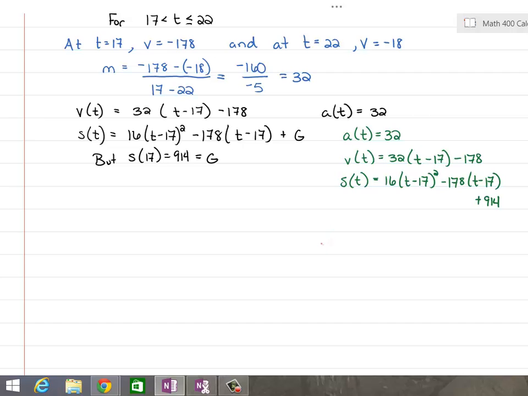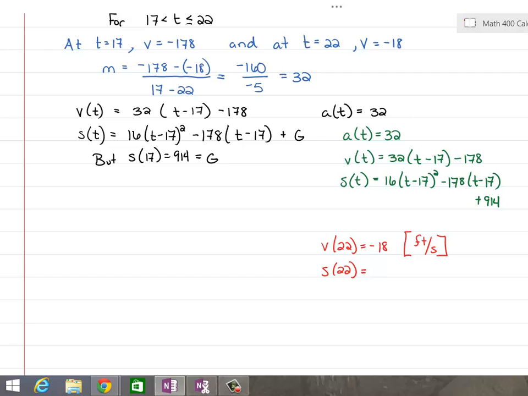First of all, velocity at time 22 is negative 18 feet per second, but they told us that. And the position at time 22 is equal to, I'll just grab a calculator here, 16 times 25 minus 178 times 5.